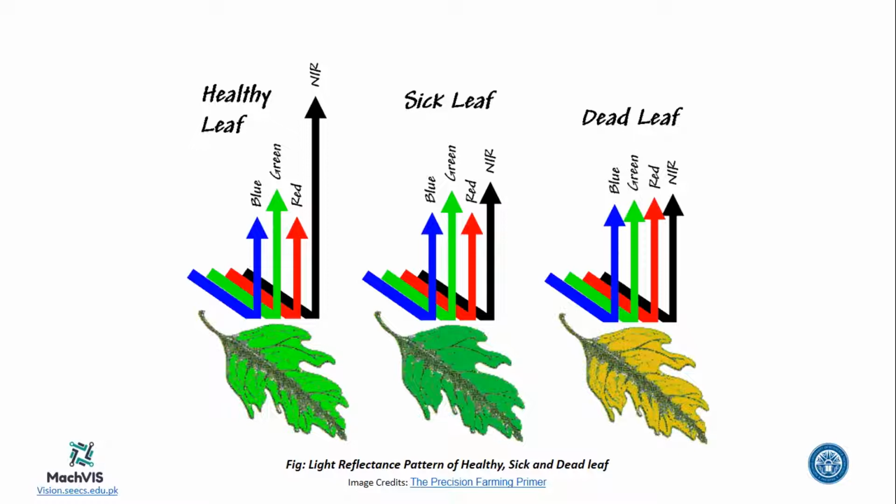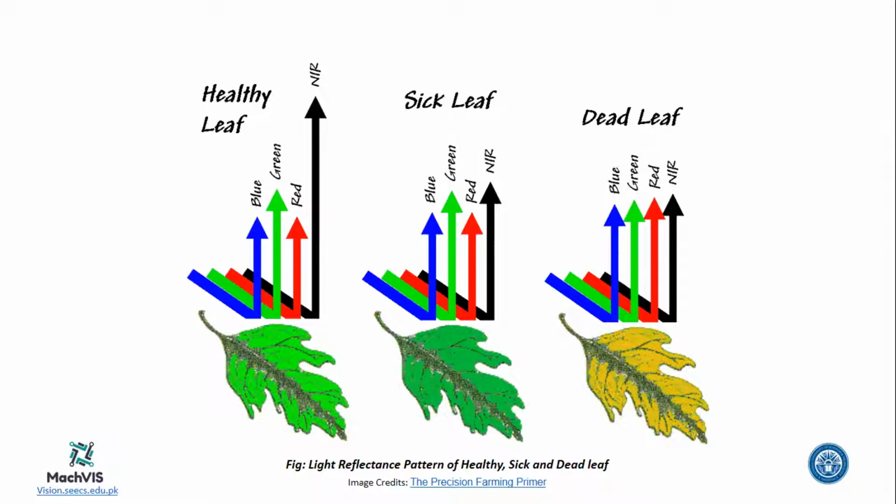And if the leaf is dead, look at the NIR reflectance. No reflectance, very low. No reflectance, low intensity values, the crop is dead. And you can see the picture of what the leaf looks like when it is dead.